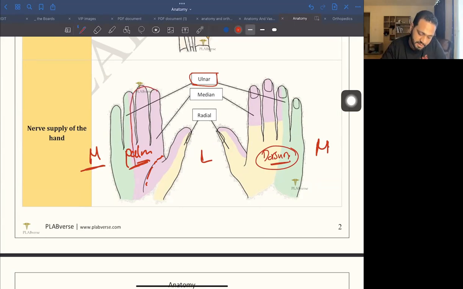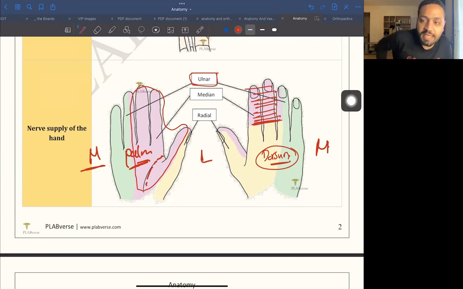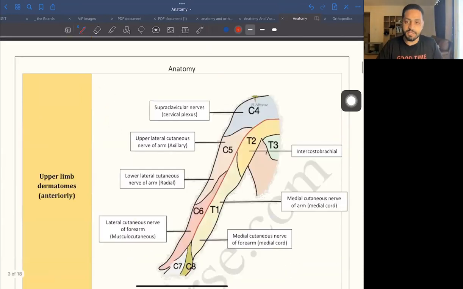If you can see here, the palmar surface, lateral 3.5 fingers, and just the distal area of these fingers on the dorsum. Okay, so this will be the median nerve, and the radial nerve will take the rest, basically the area of the anatomical snuffbox. So basically it's this area. This is the radial nerve distribution.